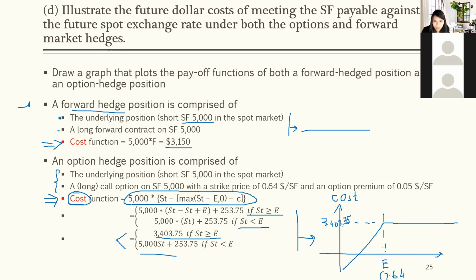If you want to combine the option and the forward hedge, it's going to look like this. So this is 3,150, okay?